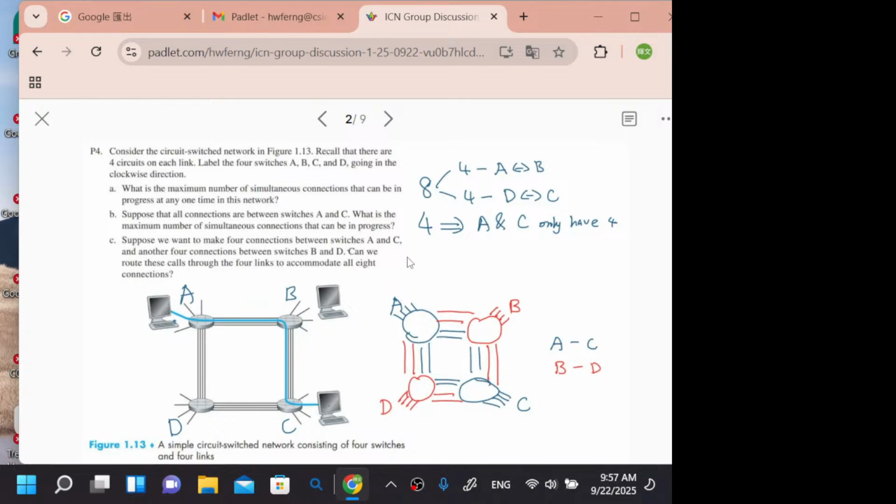We can't just draw A and C on one way, because it will occupy all connections between B and D. So we need to distribute the lines so we can reach a connection between A and C and between B and D. Thank you.